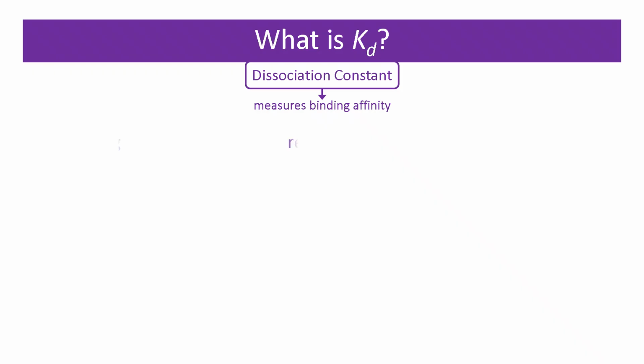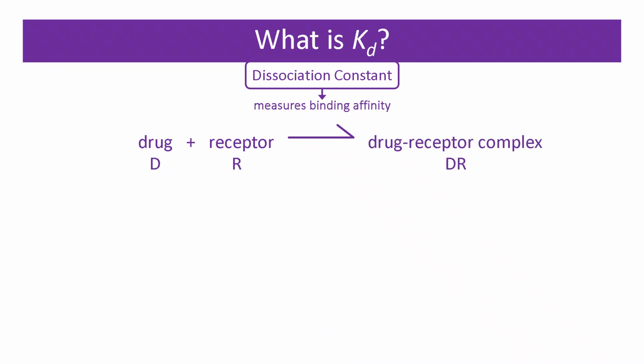When a drug interacts with a receptor, two processes occur simultaneously. Drug molecules associate with receptors, described by the forward rate constant K4. At the same time, drug receptor complexes dissociate, described by the reverse rate constant Krev.